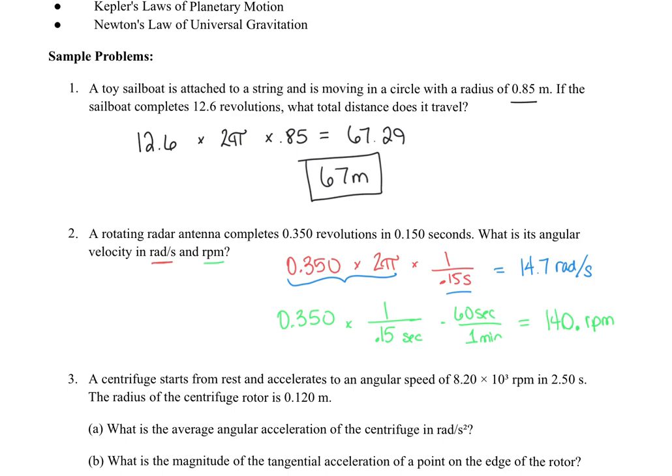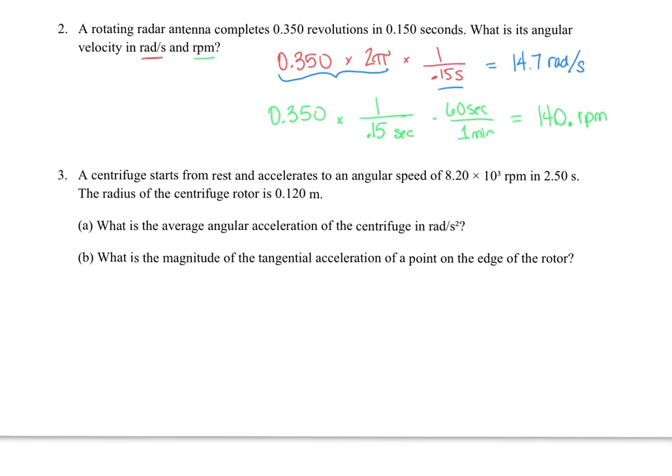All right, so for the next one, a centrifuge starts from rest and accelerates to an angular speed of 8.2 times 10 to the third RPMs in 2.5 seconds. The radius of the centrifuge rotor is 0.120 meters. What's the average angular acceleration of the centrifuge?